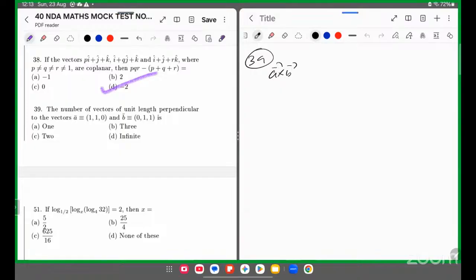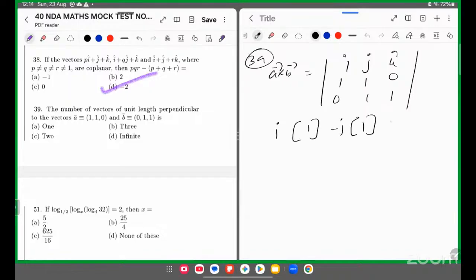A cross B means the determinant with I J K, so I becomes 1, minus J 1, plus K 1. That means I minus J plus K. This is a vector perpendicular to both I and J. So this is actually A cross B.